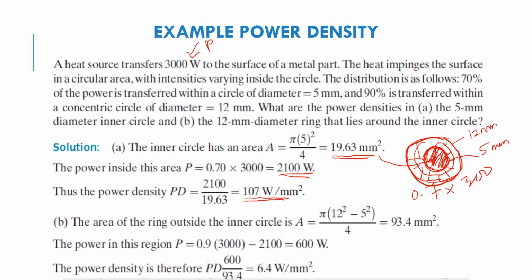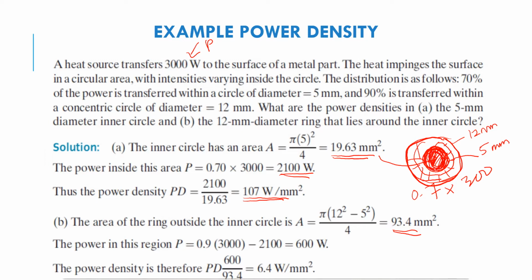Then you will get the area of 93.4 mm squared. For this region, the distribution is 0.9, so 0.9 times 3000, but we have to subtract 2100. Why? From the 3000, 2100 is already absorbed by the inner area.